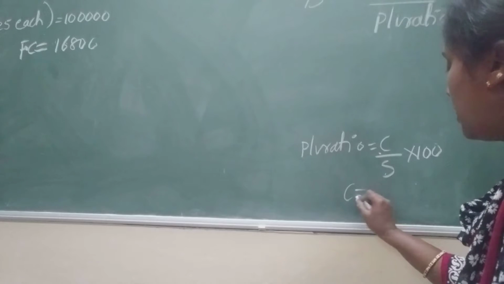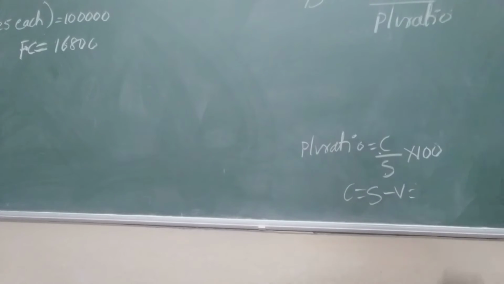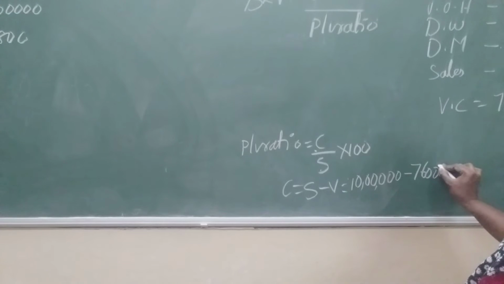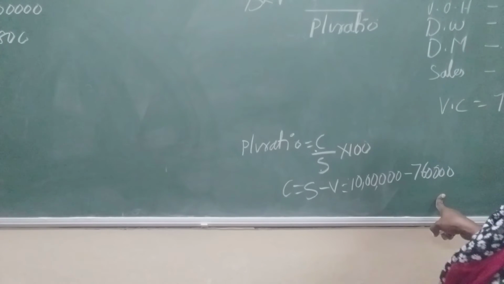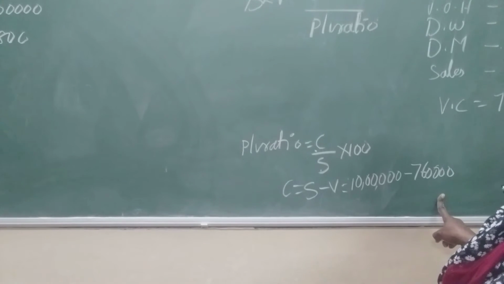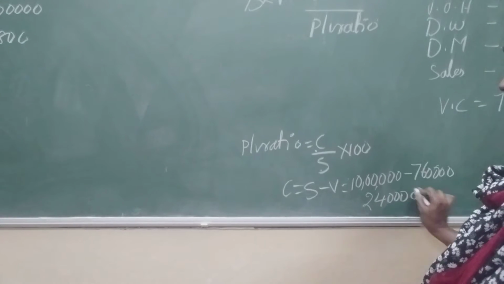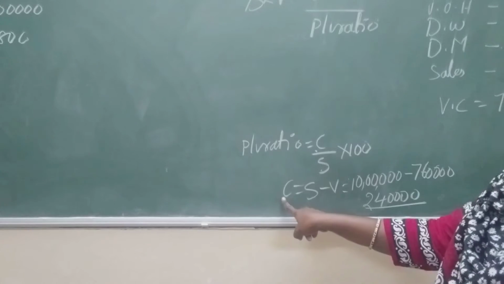C is equal to S minus V. S is given as how much? 10 lakhs. 10 lakhs minus 7,60,000. If you do, how much are you getting? 2,40,000. That is C.